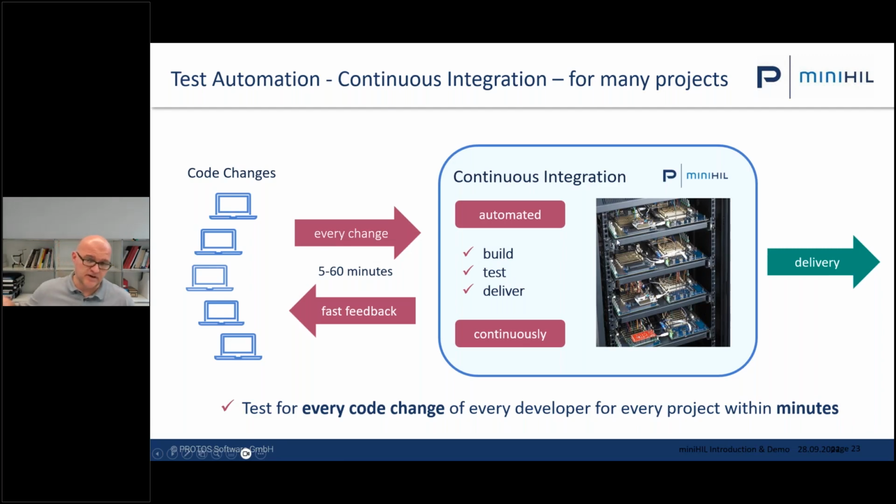Actually, that's our setup for the production tests for our mini-hill itself, but that's exactly what the setups for projects at our customers look like. That way you can test every change of every developer within minutes. Doesn't matter where the developer sits.